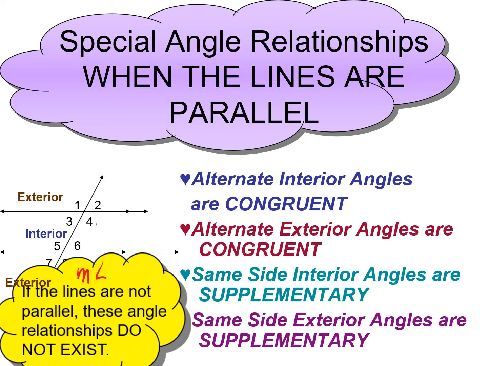The measure of angle 1 is equal to the measure of angle 8, so angle 1 is congruent to angle 8. Next, the measure of angle 2 is equal to the measure of angle 7, so angle 2 is congruent to angle 7. So we have that.